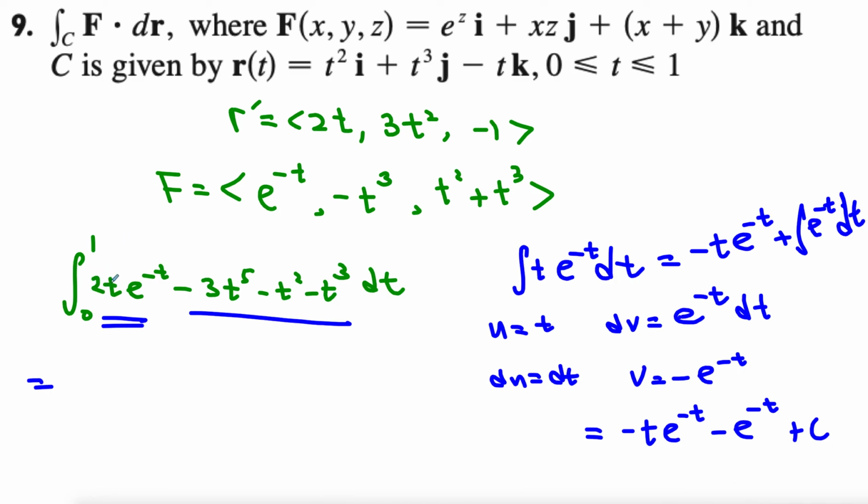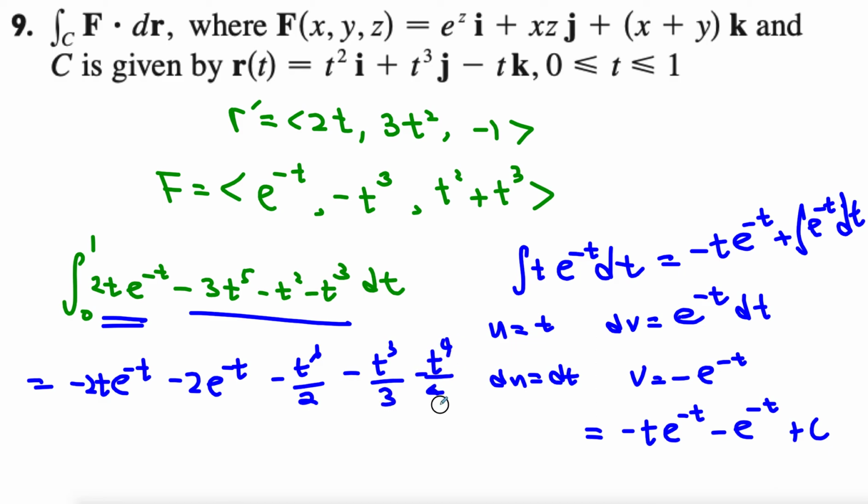When I multiply that by 2, I get negative 2t e to the negative t, then minus 2 e to the negative t. And then minus t to the 6th power over 2, minus t to the third power over 3, minus t to the 4th power over 4.